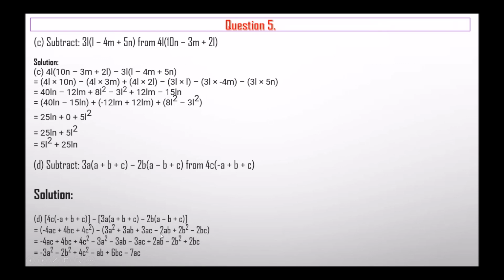Now we will open the brackets. Here it is minus before the bracket, so the sign will change. So −4ac + 4bc + 4c² − 3a² − 3ab − 3ac + 2ab − 2b² + 2bc. So −3a² − 2b² + 4c² − ab + 6bc − 7ac.